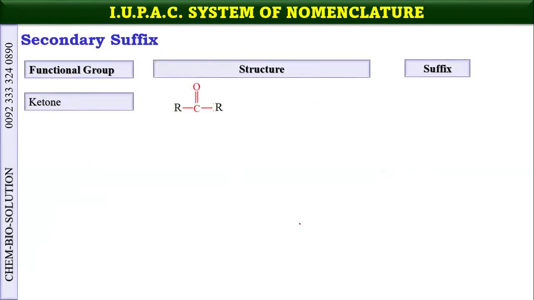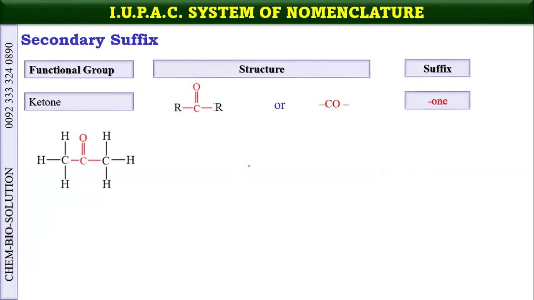Ketone, it can be anywhere, so numbering is a must. And the suffix for ketone is one. So this is propanone. But here the numbering is not necessary because in propanone it is understood that the carbonyl carbon must be in the middle of the chain, because for ketone it is necessary to have carbon atoms on both ends.